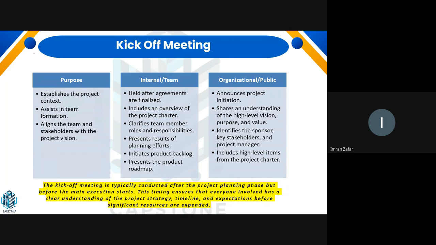Because what will happen if we miss any stakeholder at the start, and now we are, let's say, in the execution stage, or maybe we have made all the plans?